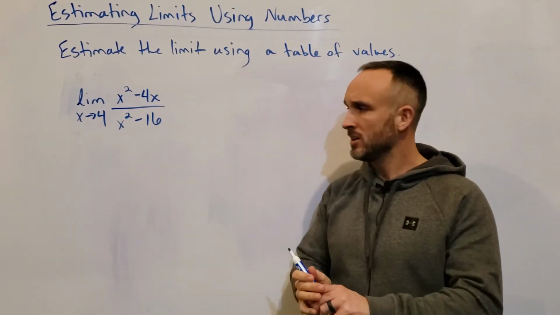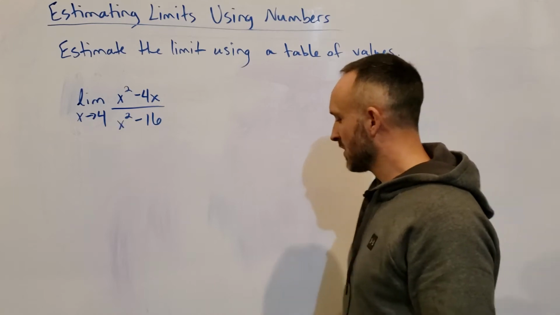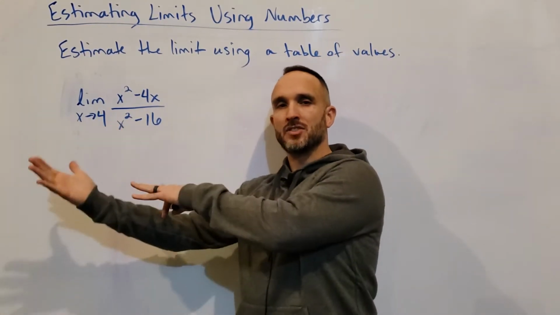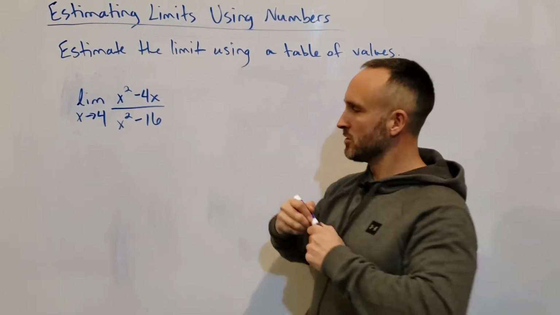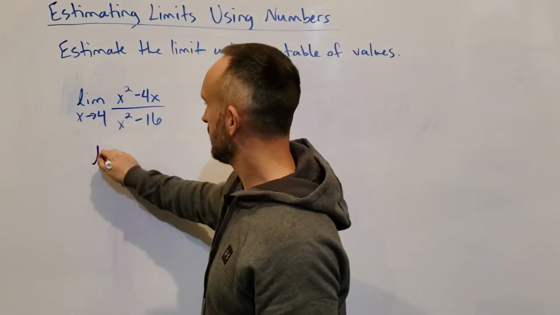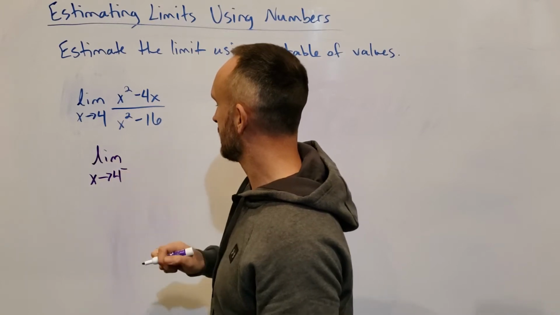Okay, now since we have a two-sided limit here, we need to look at both one-sided limits, the left-sided limit, the right-sided limit, and see if they're the same. So we'll break this into two parts where we try to find the limit as x approaches 4 from the left.